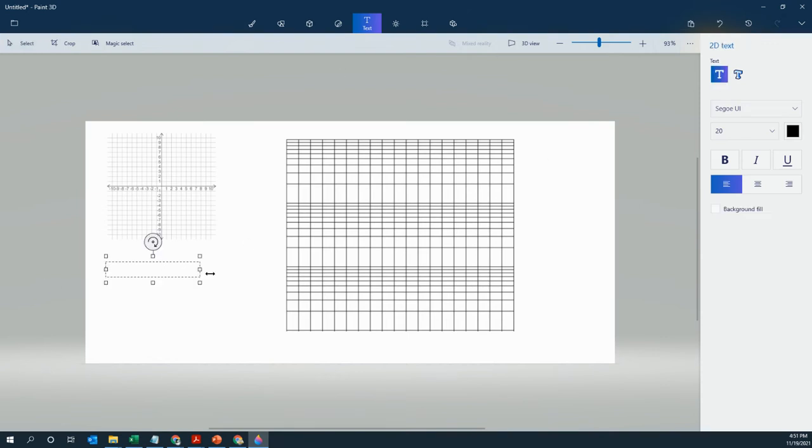So let's imagine for a moment you wanted to graph a sequence that's 1, 2, 2, 4, 3, 8.